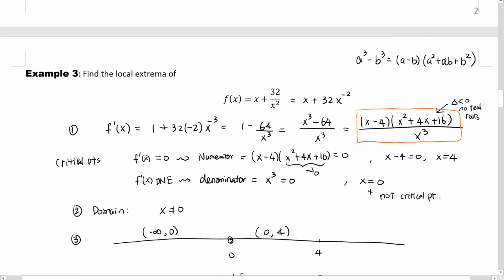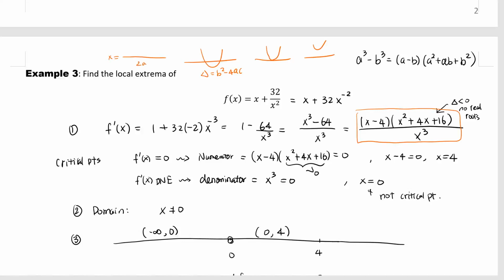You remember the quadratic factor? There are 3 possible cases. The discriminant is b squared minus 4ac. I hope you remember, because the quadratic formula is negative b plus or minus the square root of b squared minus 4ac, over 2a. The discriminant is the expression inside the square root. If the discriminant is positive, we have 2 real roots, so 2 x-intercepts.